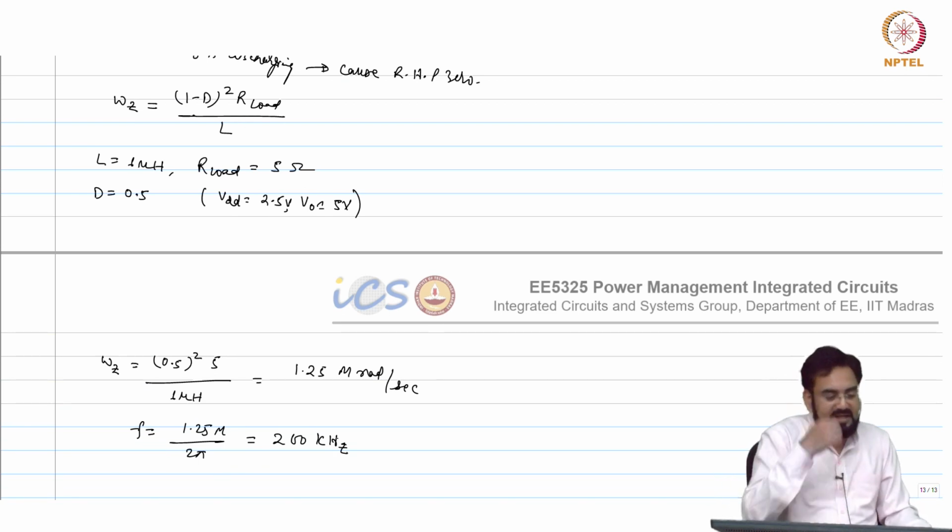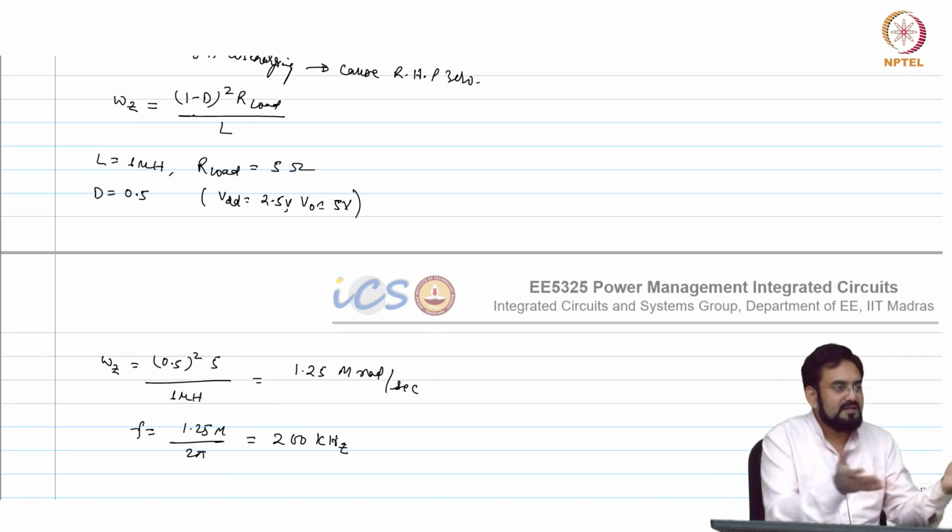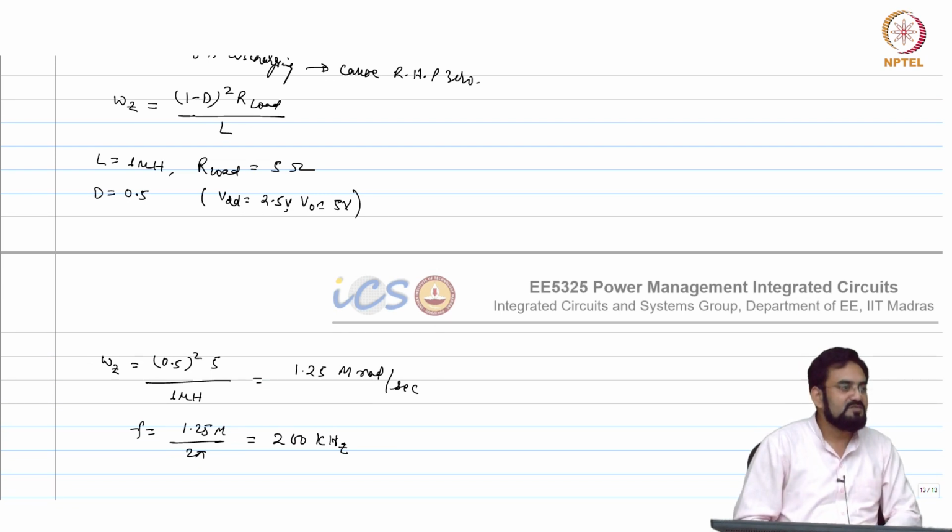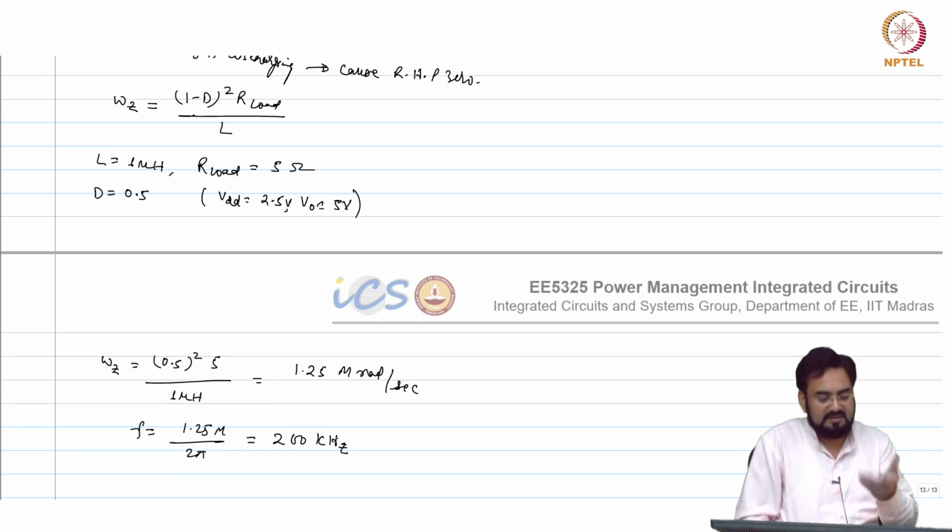Now I am operating at 1 megahertz, and I want to keep the bandwidth at 100 kilohertz, 1/10. So with this 0 appearing at 200 kilohertz, it will basically cause a significant drop in the phase margin.